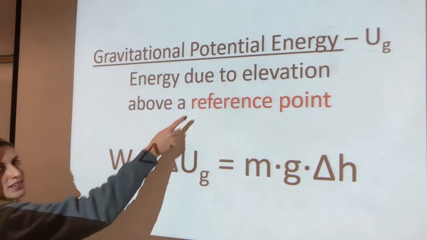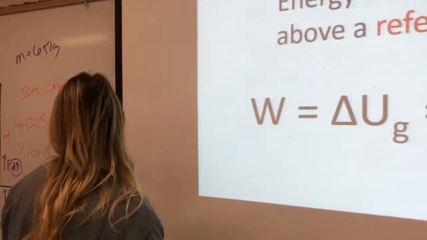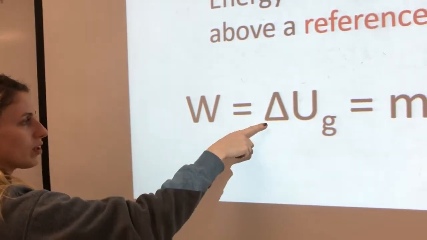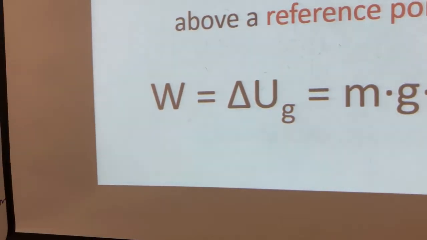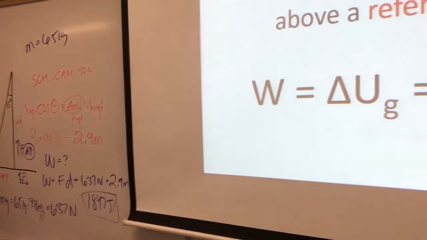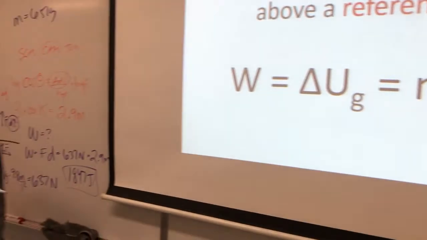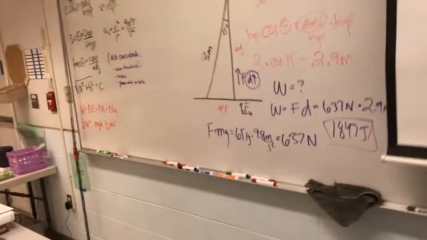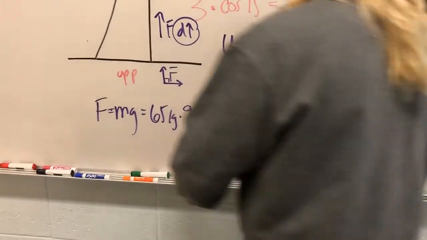Now we're going to come back to this, but this is the equation you need to keep in mind. Work changes energy. Work equals the change in UG, the change in potential energy going from the floor up the ladder, and that is represented by mgh. Didn't we do something like that just a moment ago? It's over here on the board. So UG is mgh.